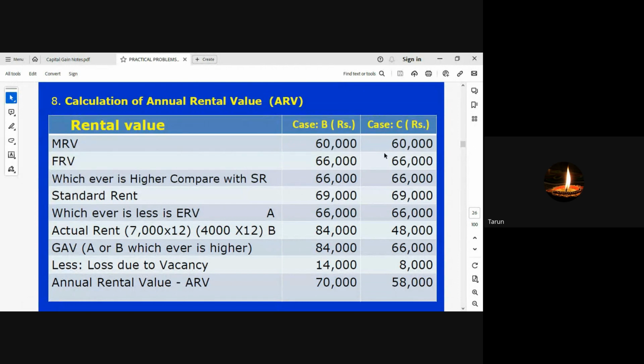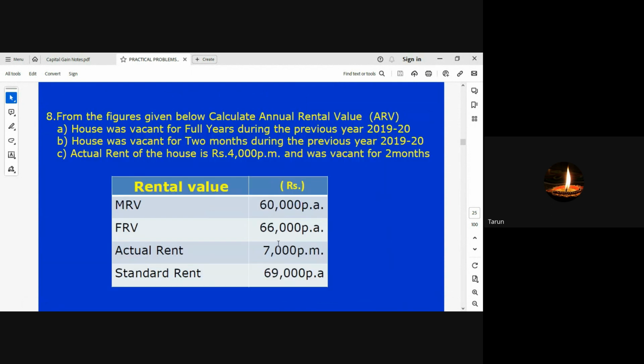Then in case C also the same procedure is followed. The MRV values are common and can be considered in both case B and case C. The actual rent is 7,000 per month. In case B we considered the actual rent as 7,000 into 2, and case C is already given: the actual rent of the house is 4,000 per month and it was vacant for 2 months.